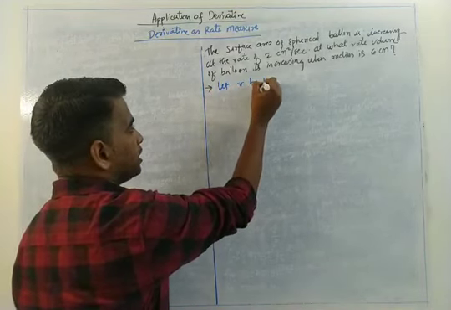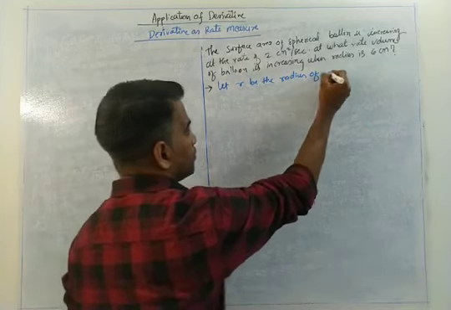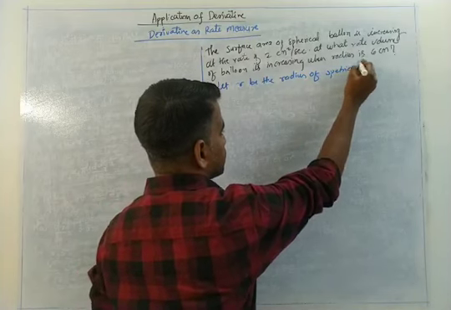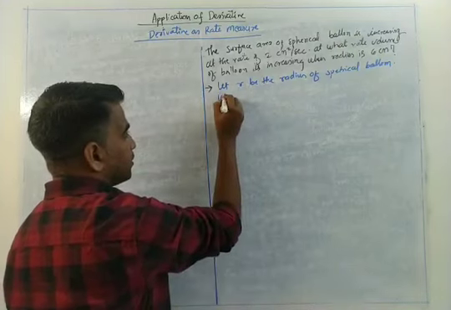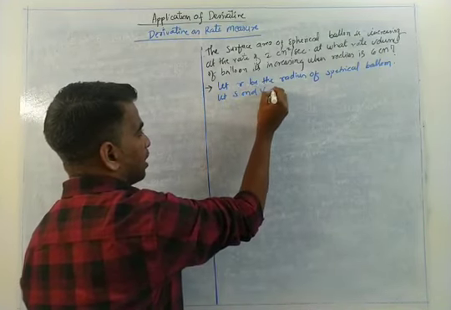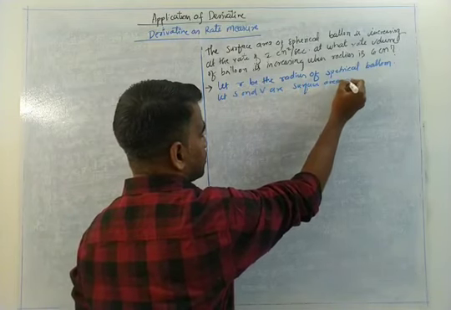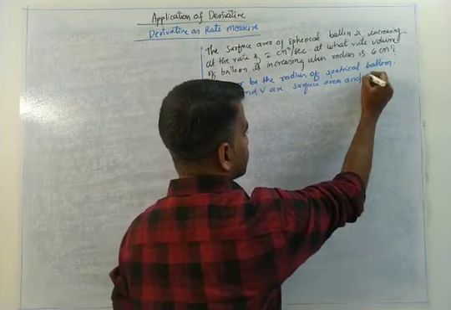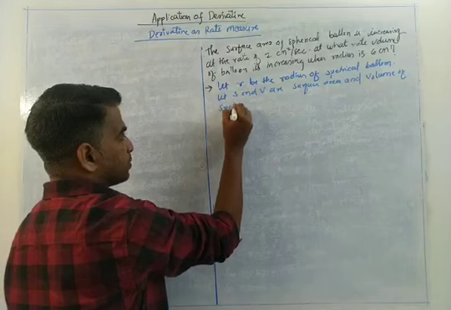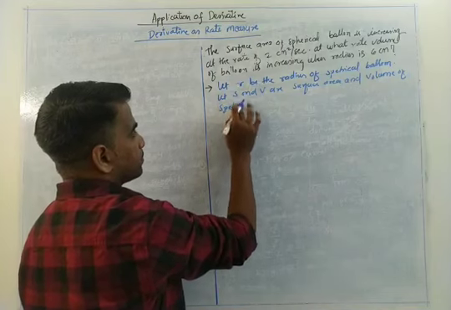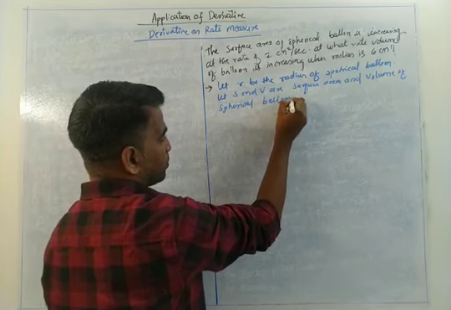So let r be the radius of the spherical balloon. Let S and V be the surface area and volume of the spherical balloon.